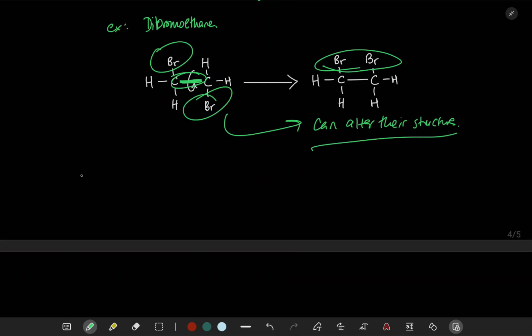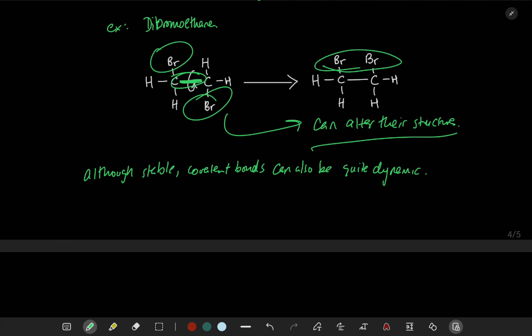So overall, although stable, covalent bonds can also be quite dynamic, right? So they're not rigid, set in stone, but they are fairly stable forms of bonding.